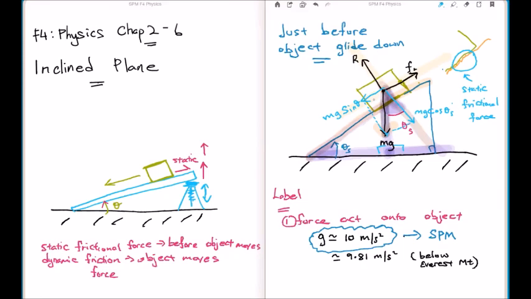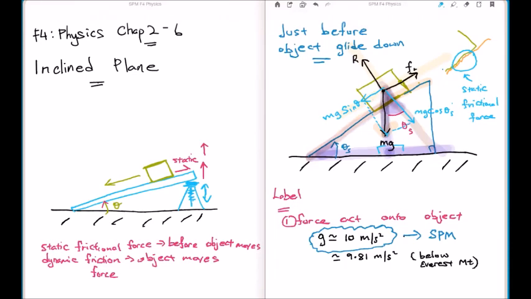If it's moving at constant velocity, then the acceleration will be 0 because it's dv/dt, therefore it's 0. You need to refer to my chapter 2, part 2, analyzing motion graph. Perhaps in that video I'll show you.